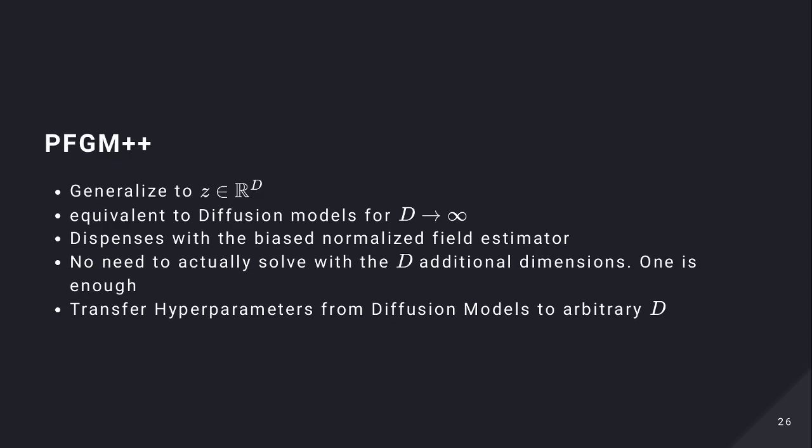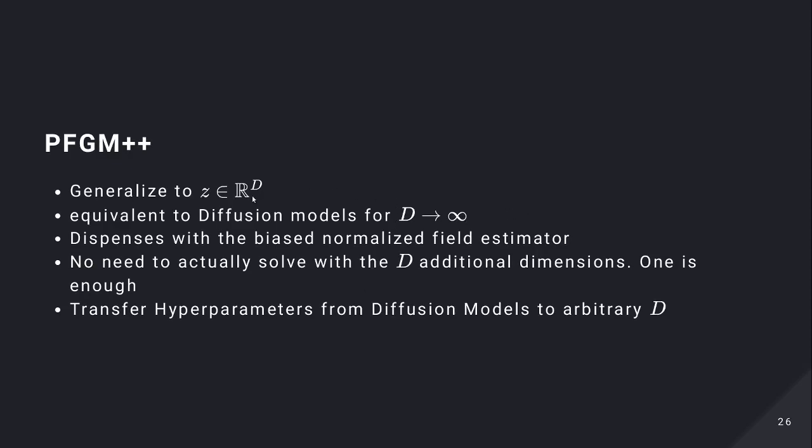To give you a very brief rundown of this paper, they generalize to adding D dimensions. And the nice thing that they show is that when D goes to infinity, this is actually equivalent to diffusion models. They also fixed the problem with the biased estimator of the normalized field.